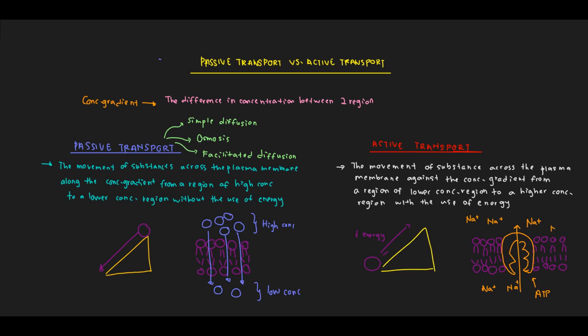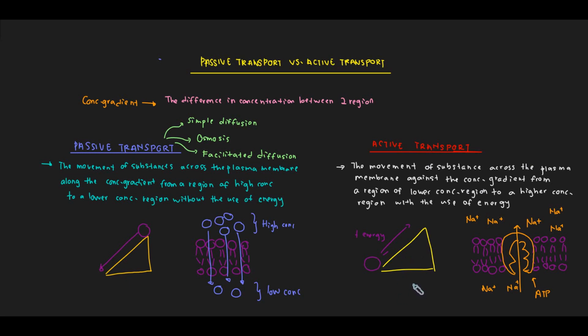And see, the movement that we did over here is against the concentration gradient, meaning that the substance moves across the plasma membrane from a lower concentration region to a higher concentration region. It is similar to this slope over here.